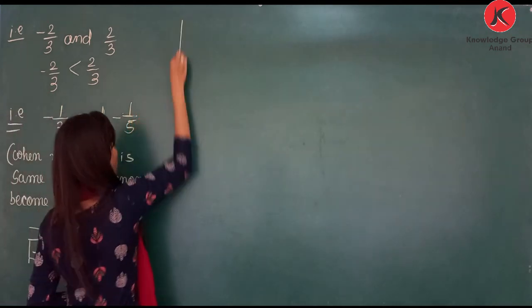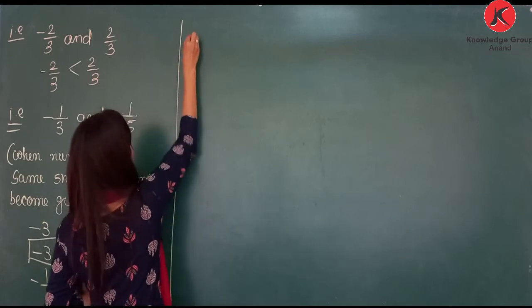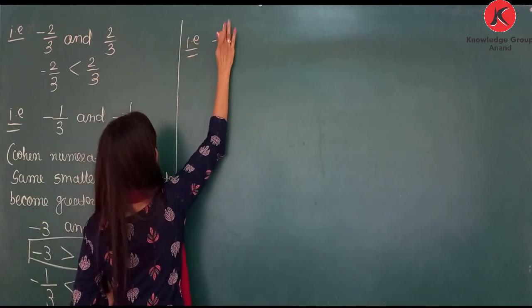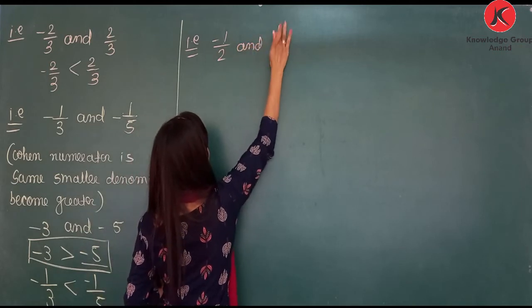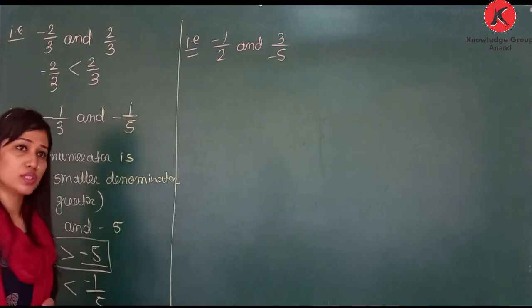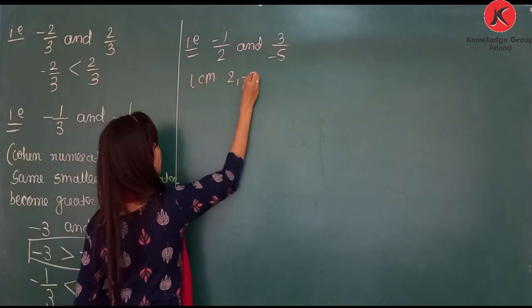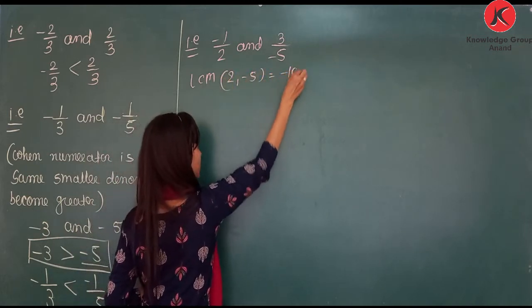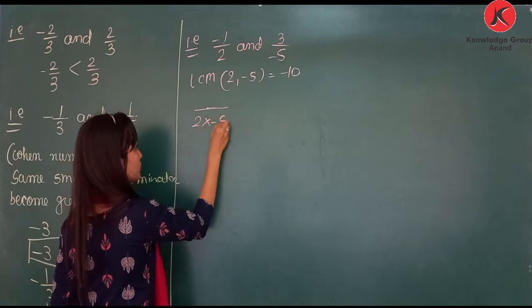If the numerators are not the same, for example, if we have minus 1 by 2 and 3 by minus 5, then similarly take the LCM of 2 and minus 5. That will give minus 10. Make the denominator 10, minus 10.